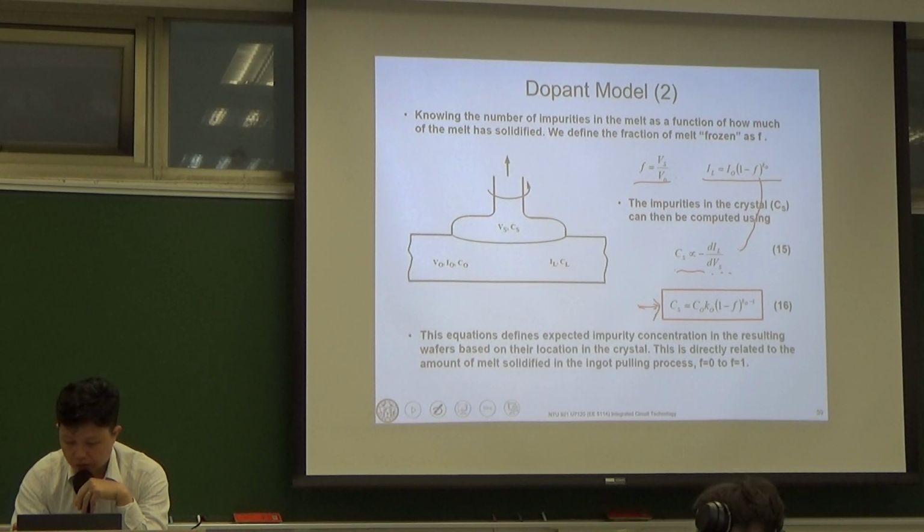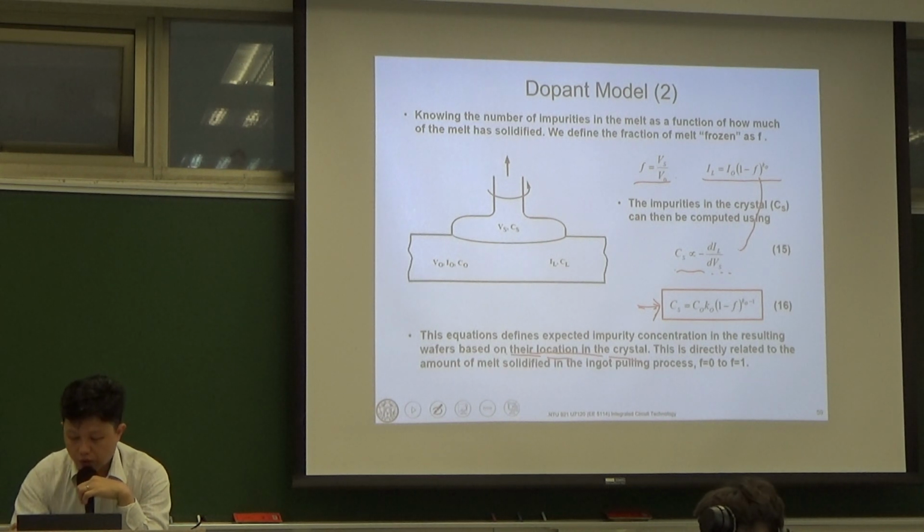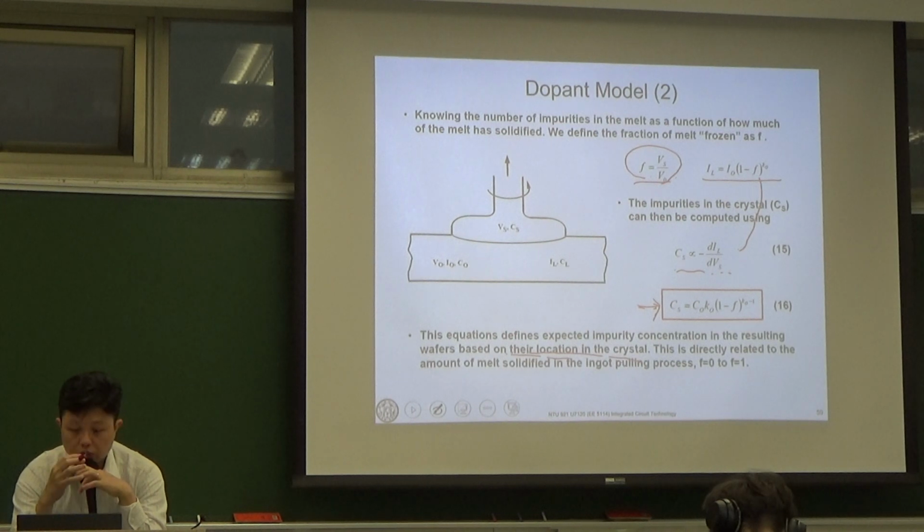It describes the impurity concentration in the resulting wafers based on their location in the crystal. Location means that when you increase the time of your growth, this number will continue to change, so that corresponds to a certain location in your ingot.